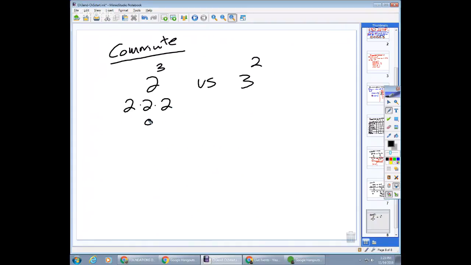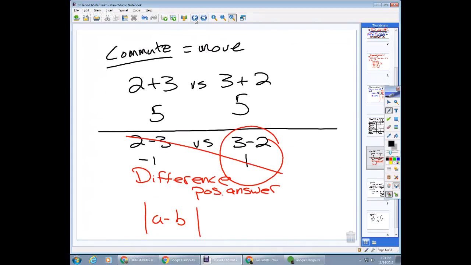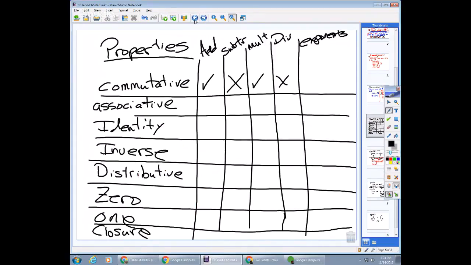That's 8. Versus this one over here, which is just 3 times 3, which is 9. And so, no, they don't work that way. We'll come back to powers in a minute. All right, nope.